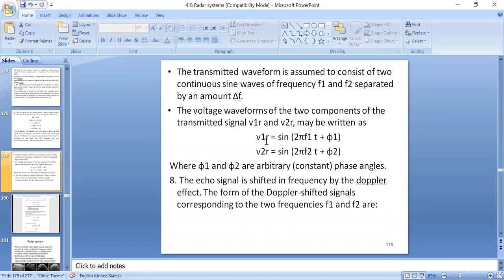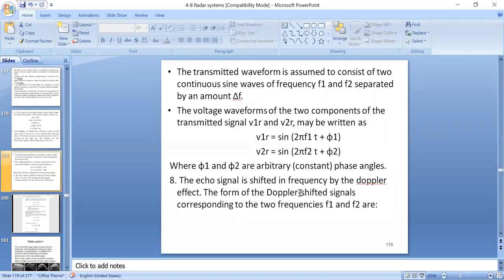Till now, in all the cases we discussed, we were transmitting a single pulse towards a single target, right? But here we are transmitting two signals which have two frequencies, f1 and f2, and the frequency difference is here del f. Whenever there is a frequency difference between the two signals, obviously there is a phase difference also, right?